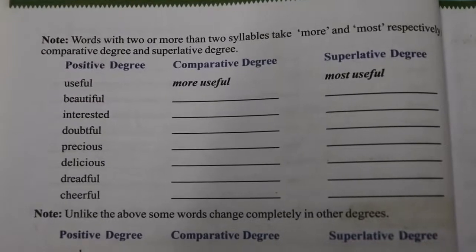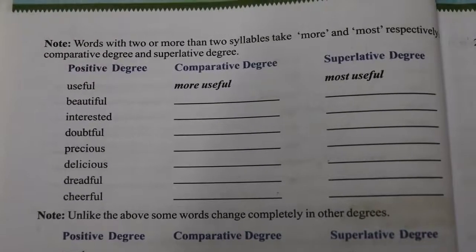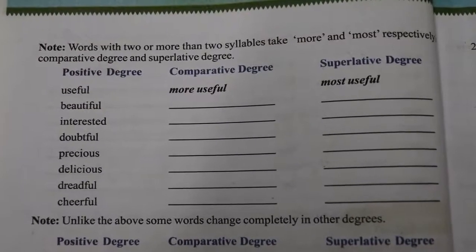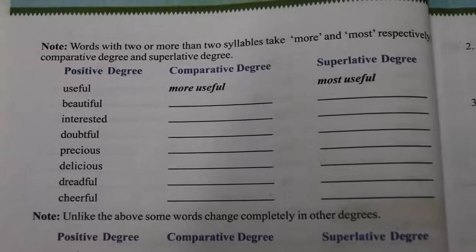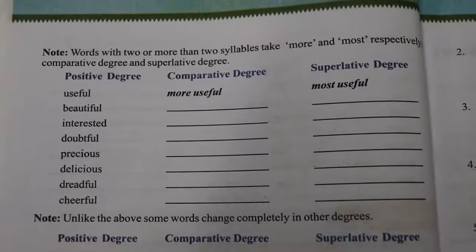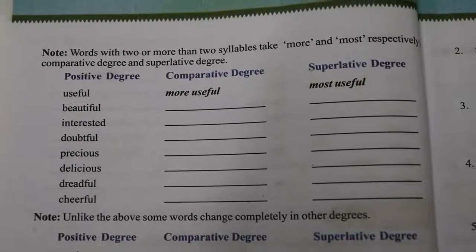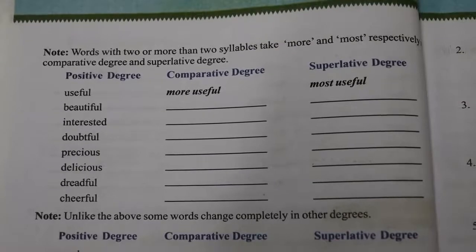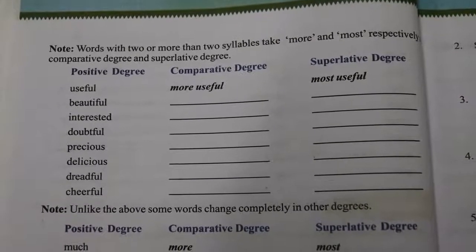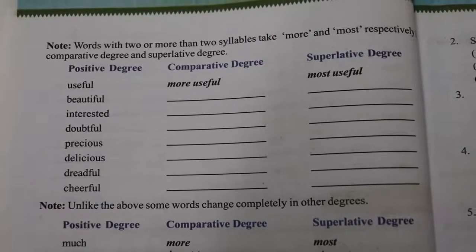Please look at there. The first word is useful. Adding more to useful, more useful, you have the comparative degree. Then most useful is the superlative degree. Similarly, you have other words. So this is your homework now.